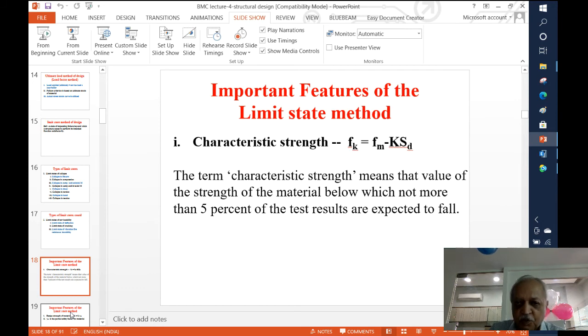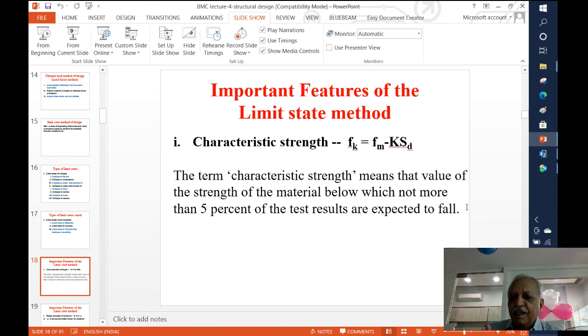So code has defined a characteristic strength for it, where characteristic strength means you are testing a large number of cubes and then you take the average of that, and then we say that the characteristic strength means the value of strength of material below which not more than 5% of the test results are expected to fall. So you have got, let us say, some grade of concrete. You test all these number of cubes, and of course there will be some variation in the test results.